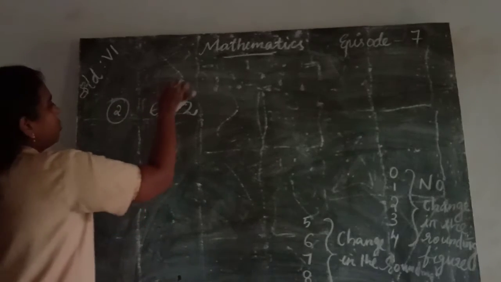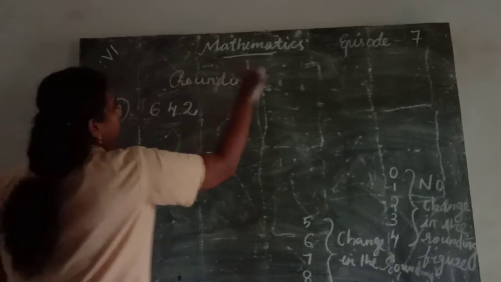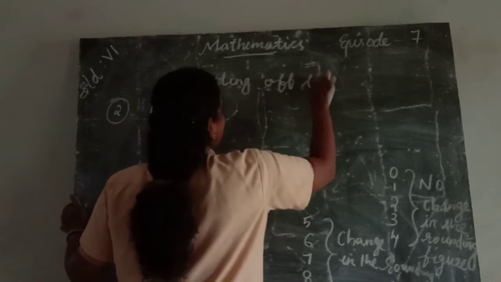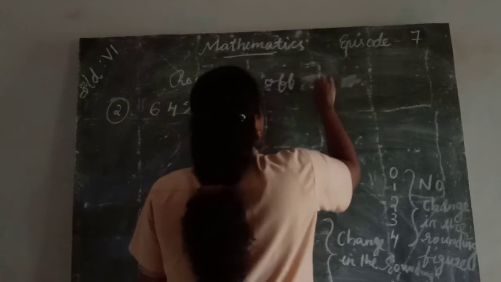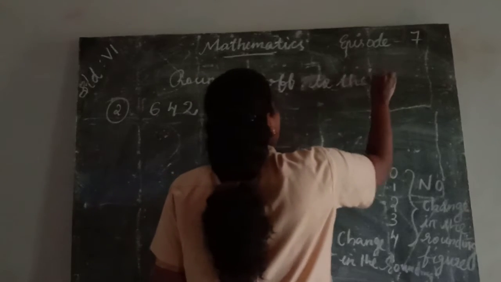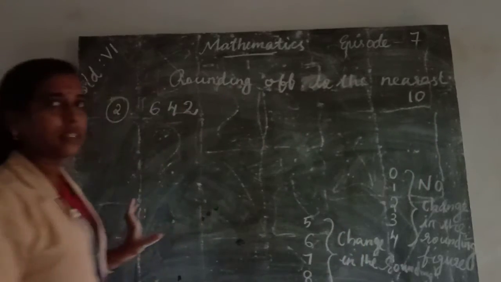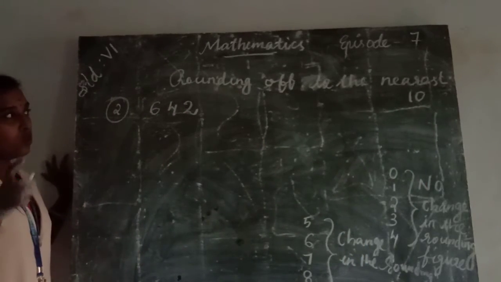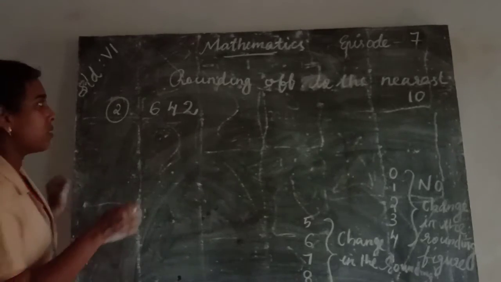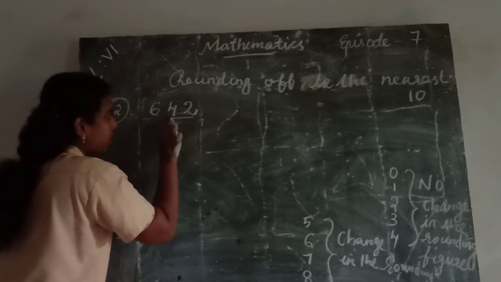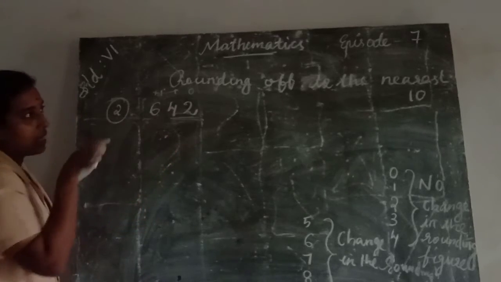We want to round off the number to the nearest 10. Same question. The easy way: we take the two digits from the right, in the ones and tens positions, and we want the nearest 10.